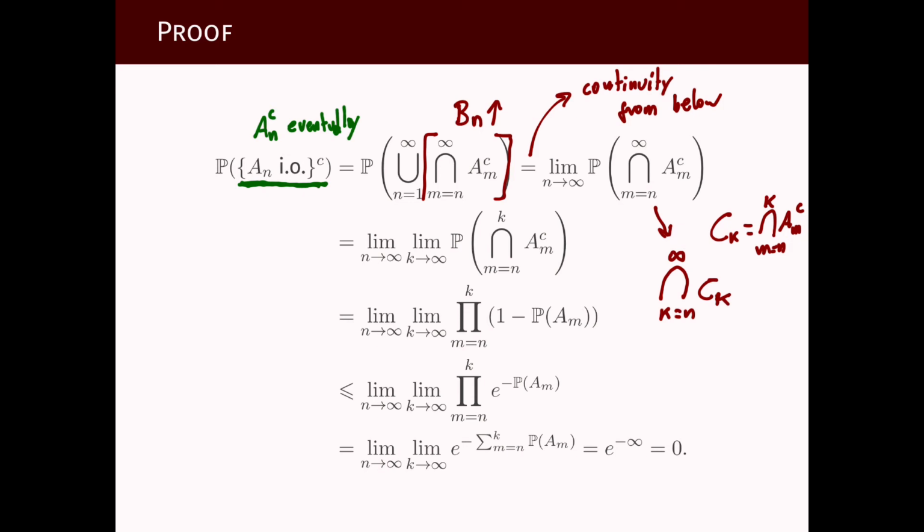So instead of asking all these A_m complements to occur, we're going to ask only these ones. So finitely many only. And so we can take the limit over k by continuity from above.